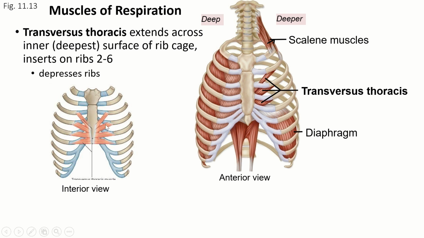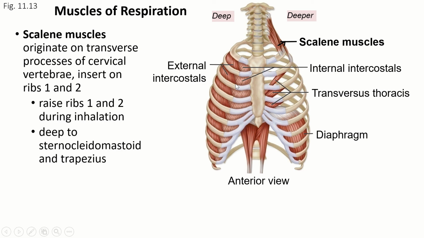They pull the costal cartilage and the ribs in toward the thoracic cavity. They sit deep to the intercostals, which are between the ribs. And then the scalene muscles, which we already met, do have a role in flexing the neck, but their most important role is in elevating ribs 1 and 2 to help with inhalation.